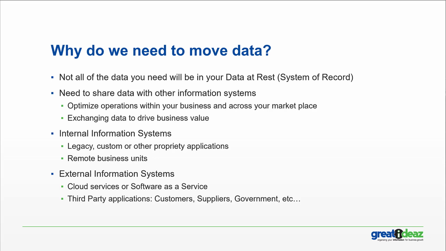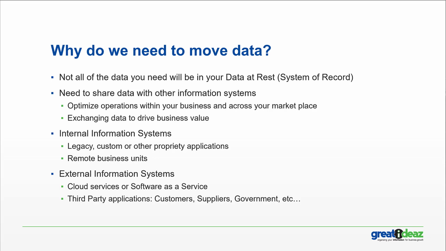What this tutorial is going to do is focus on the commonality. So one thing that we're doing is sharing data. Now, why are we sharing data in the first place? Well, the obvious answer is we need to be able to optimize an operation, a business task, potentially across different business units that may have different application architectures or different applications. And we may also be interacting with third parties, with customers, with suppliers, with regulators.